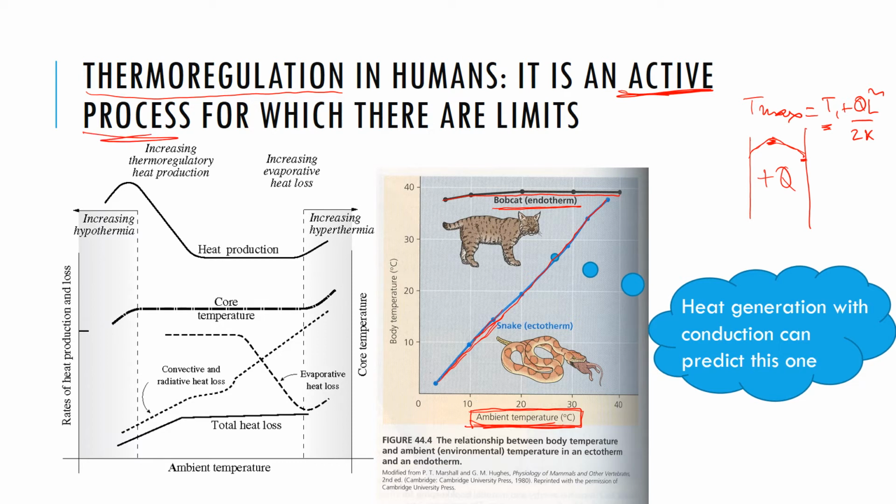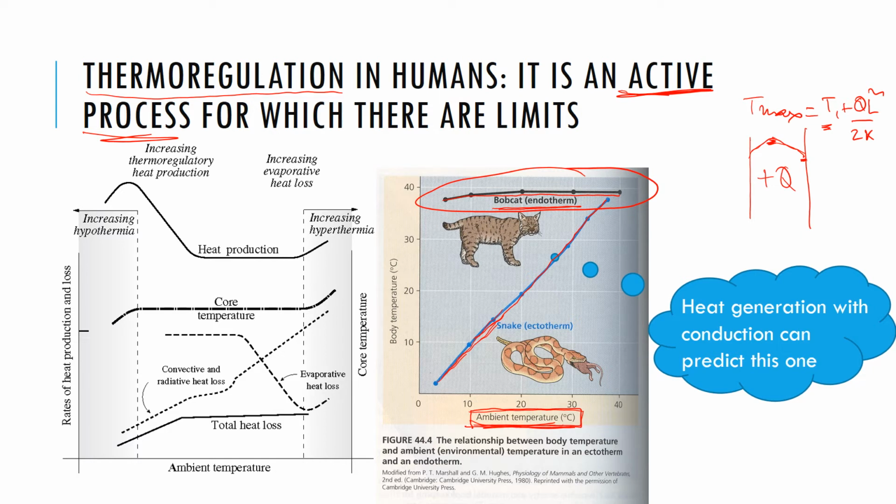What we have been studying is passive diffusion with heat generation. That isn't going to give you this. Okay, so just a little bit of insight into what is done to make the process active.